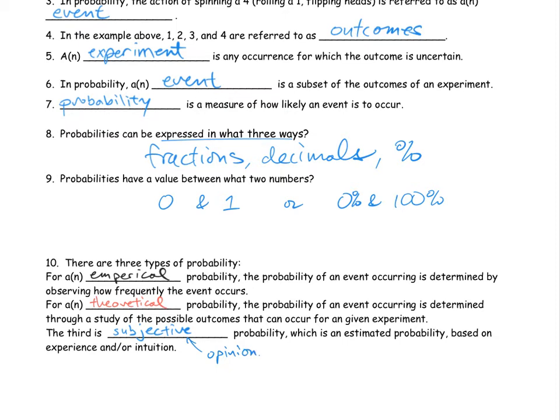Empirical is real life, and theoretical all has to do with the math portion of things. Let's take a look at some examples that will get across the differences between these on the next slide.